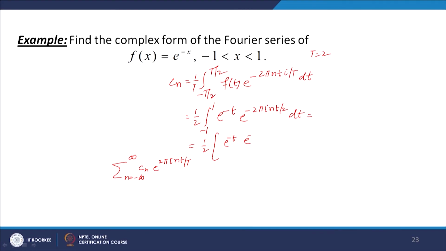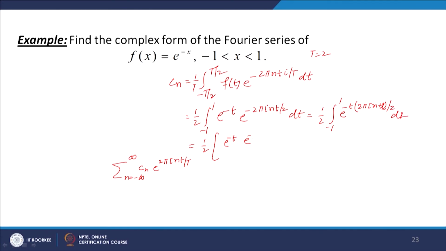We can join this: 1 by 2 integral from minus 1 to 1 e to the power minus t times (1 plus i n pi) dt, and then we can integrate.